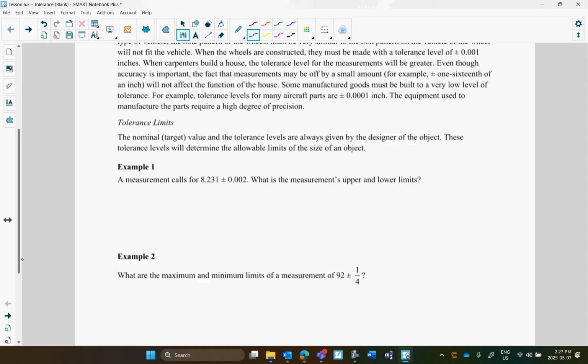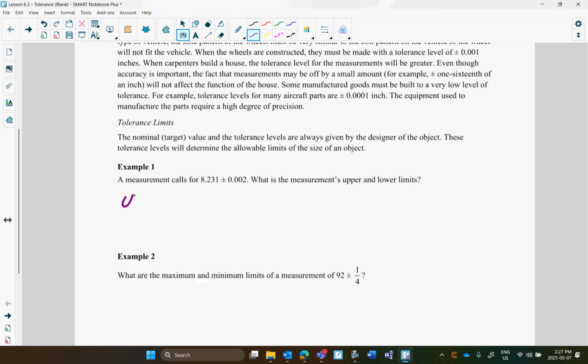So the nominal value or the target value, the tolerance level, are always given by the designer of the object. Okay. And its tolerance levels will determine the allowable limits of the size of an object. So let's say we've got a measurement that calls for, and we don't have the units for this one, 8.231 plus or minus 0.002. What are the measurement's upper and lower limits? Well, to find the upper and lower limits, we take the nominal value.